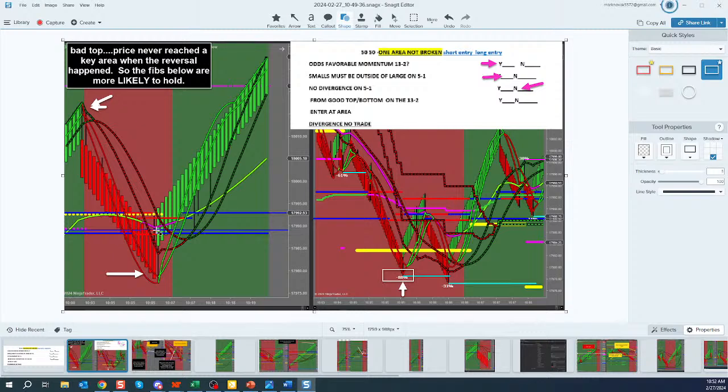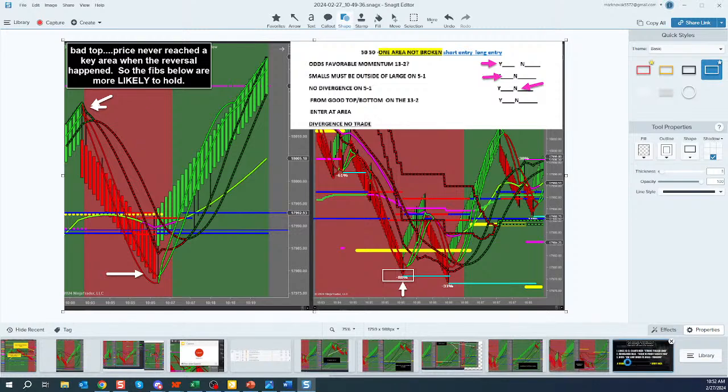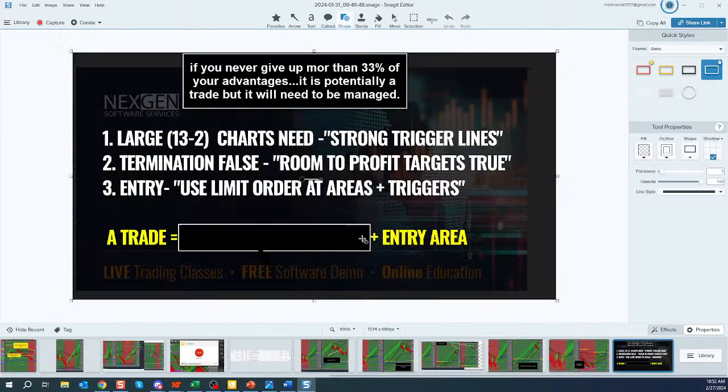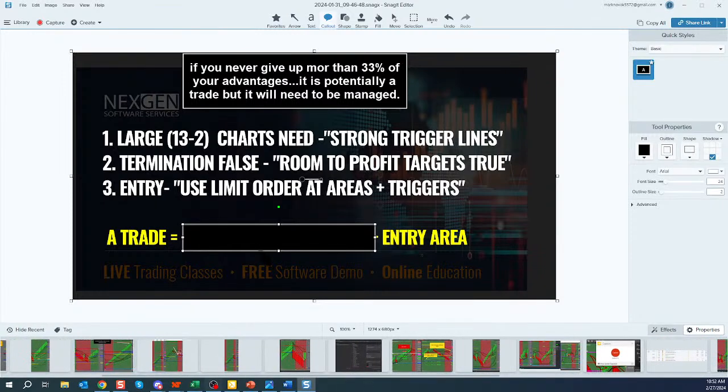Because I don't have a clear path, which means that divergence is literally forfeiting another advantage. And here's your little slide rule. I already don't have a clear path, so I only have 66% of my advantages. Now divergence takes away momentum because divergence is a loss of momentum.